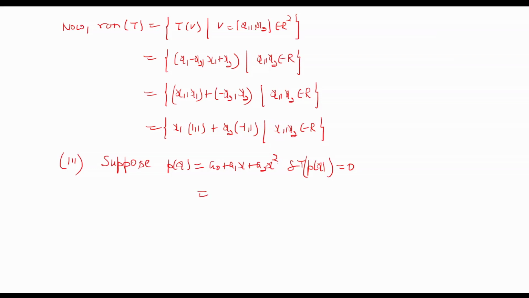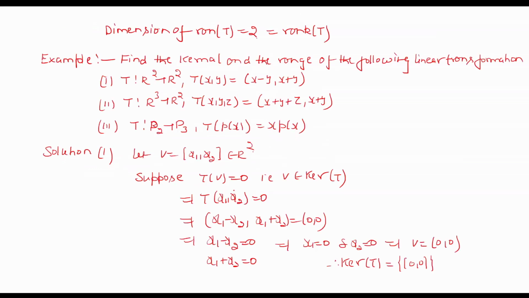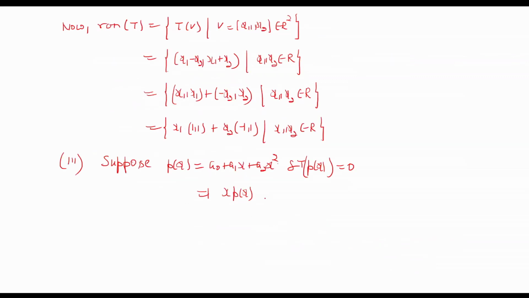So T of p of x, this linear transformation T, is defined as T of p of x equal to x p of x. So it is equal to 0. This implies x into (a0 plus a1x plus a2x square) is equal to 0, so a0x plus a1x square plus a2x cube is equal to 0.